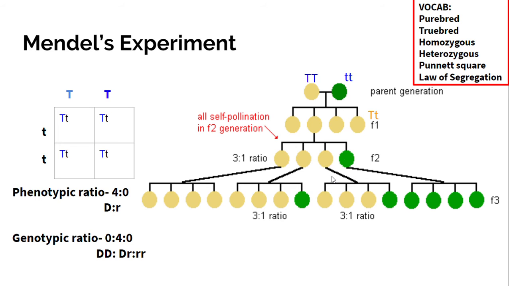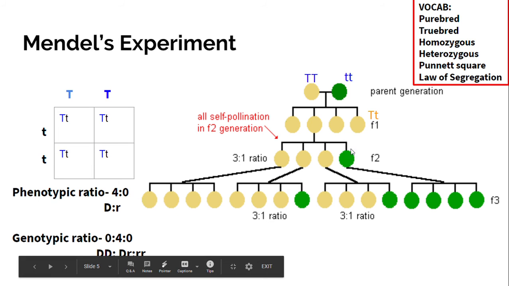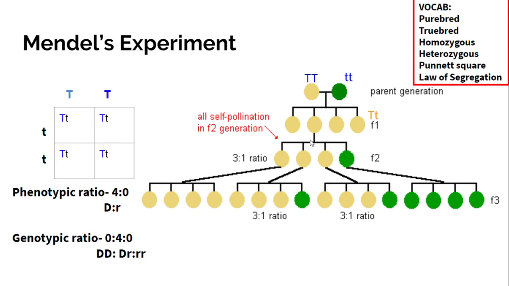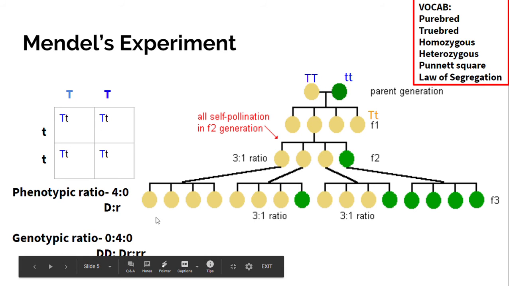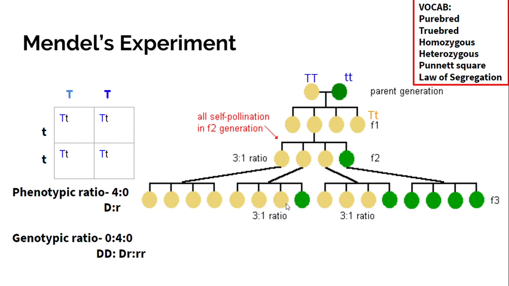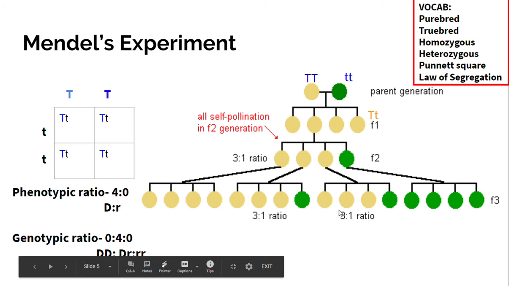One is that the 1/4 of the pea plants that were short in the F2 generation would produce only true short-bred pea plants in the following generation if they were mated with other short plants. 2, that 1/3 of the tall plants would produce only tall plants in the F3 generation if they mate with the same genotype's plants. And 3, 2/3 of the tall plants would produce 1/4 short plants and 3/4 tall plants in the F3 generation if they mate with the plants with the same genotype or self-pollinate.